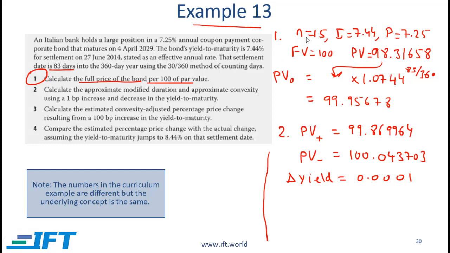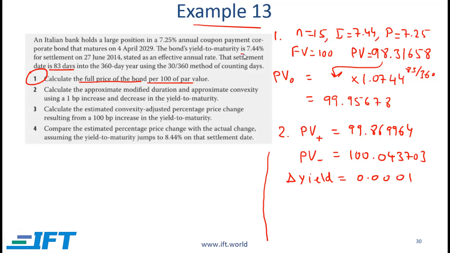We plug in N is 15 into the calculator, interest rate is 7.44. Note that this is an annual coupon bond. The payment is equal to 7.25 because that's the coupon rate. Future value is 100. You compute the PV.